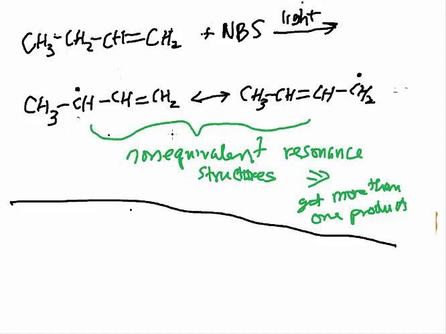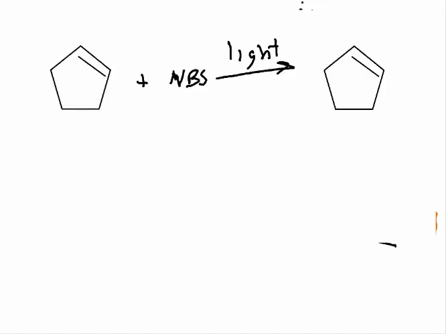All right, and so in contrast to that, let's look at this example of allylic halogenation. We have an alkene. And you notice now that in the cyclopentene ring there are two allylic hydrogens here and here.